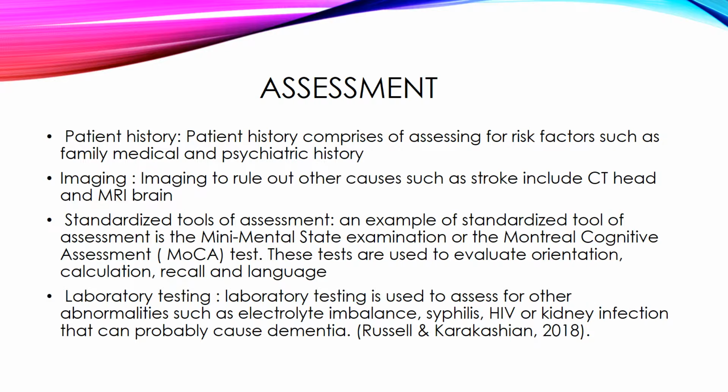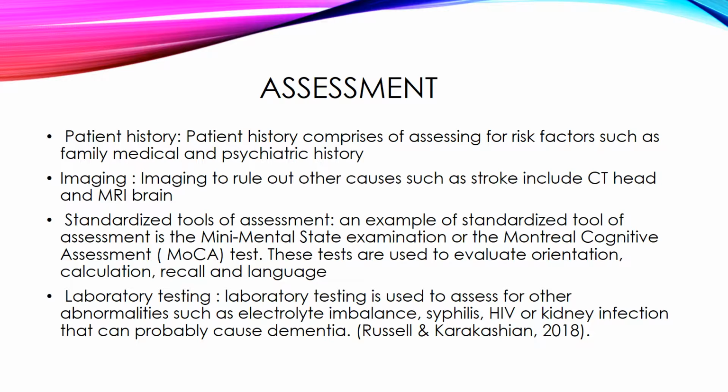In order for us to make an appropriate diagnosis, we always have to do an assessment. The assessment in this case will be getting the patient history, assessing for risk factors, family medical and psychiatric history, and imaging to rule out other causes such as stroke. This imaging is either a CT scan of the head or an MRI brain with or without contrast.